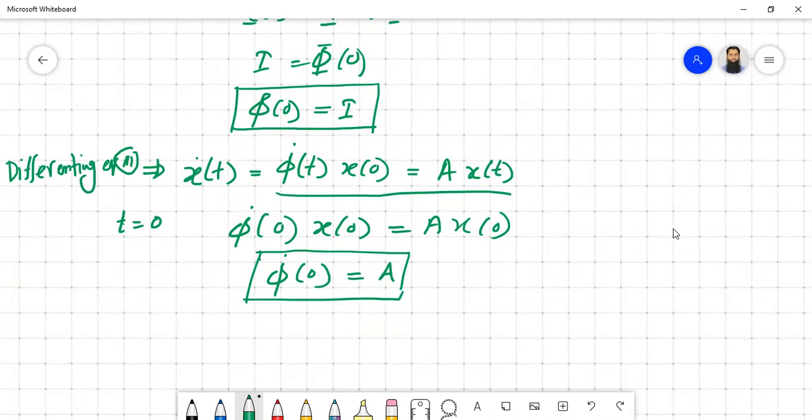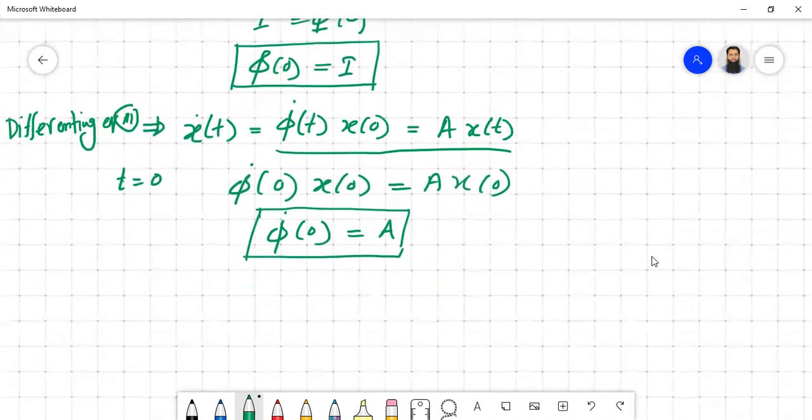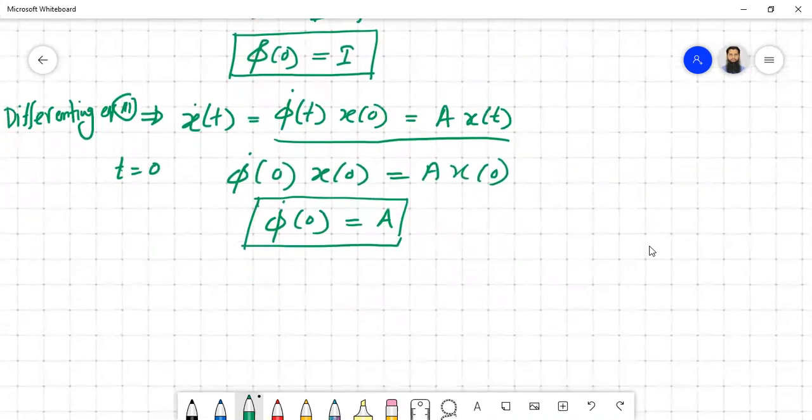Okay, so while solving the math problems, we have to use these two properties.